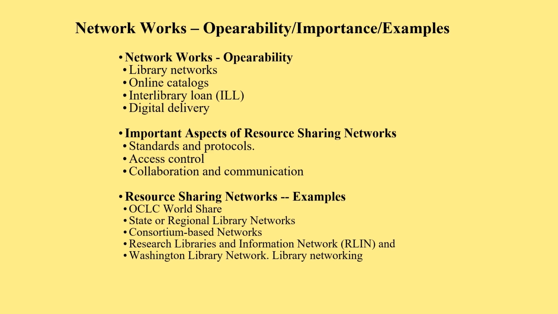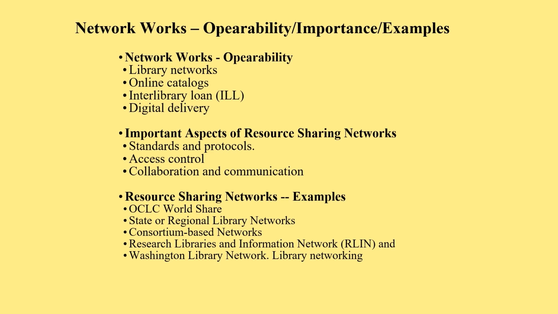So what is a state or regional library network? A network established within a geographical area to connect libraries within that region. Consortium-based networks are groups of academic or specialized libraries collaborating to share resources.